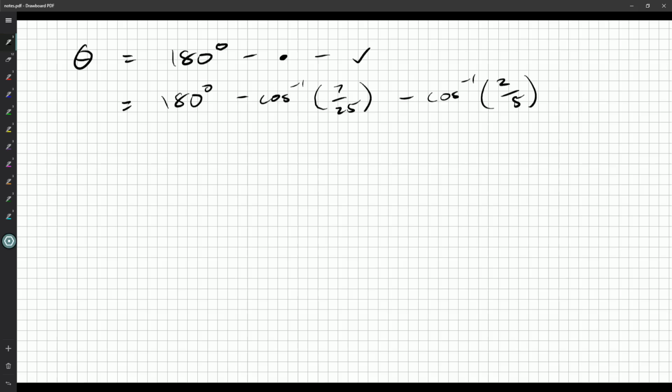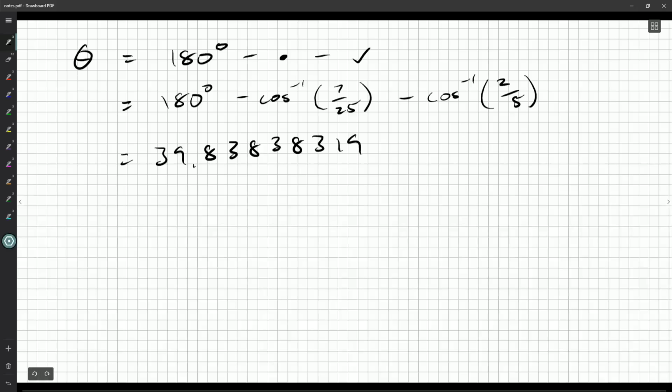So minusing the inverse cos of 7/25 will be 106.26. And then subtract cos inverse of 2/5. We should get 39.83838319. Okay. So that's good. I may have to come back to these if I need a slightly more accurate result, but okay, there's theta.